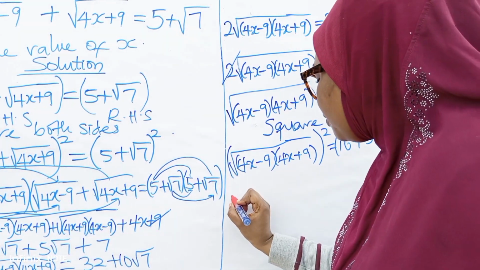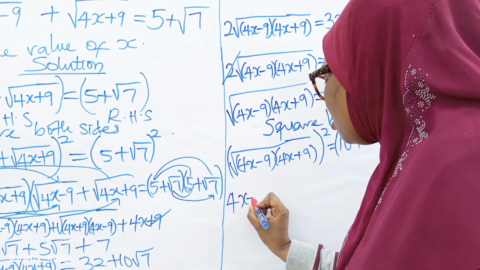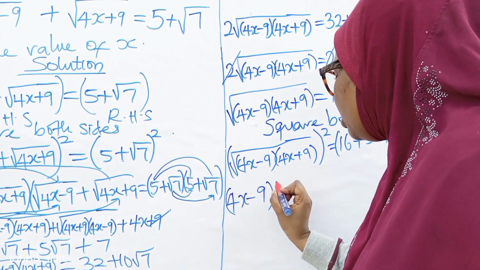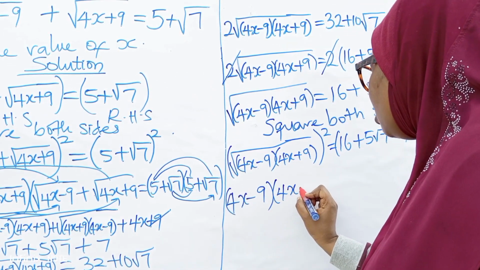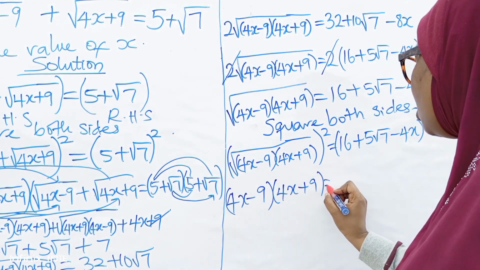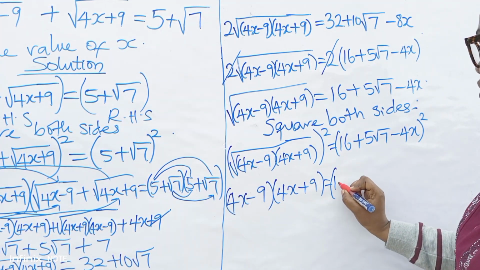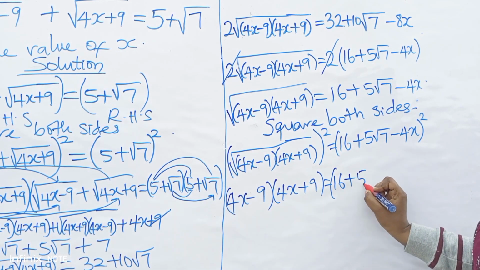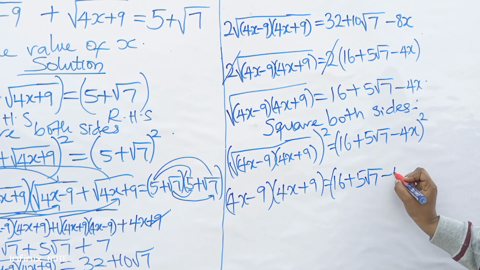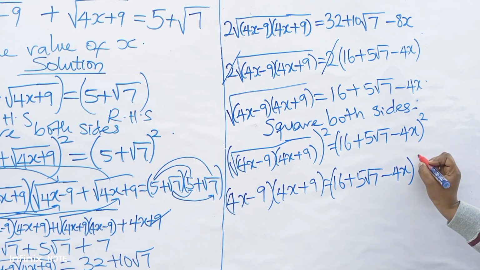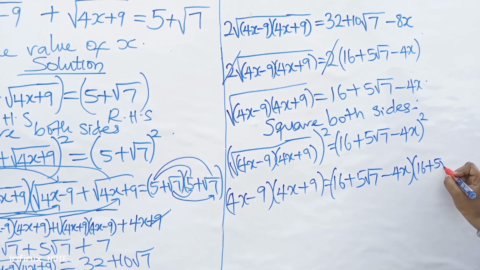So I have 4x minus 9 multiplied by 4x plus 9 is equal to, so I will now multiply this 5 root 7 minus 4x multiplied by 16 plus 5 root 7 minus 4x.